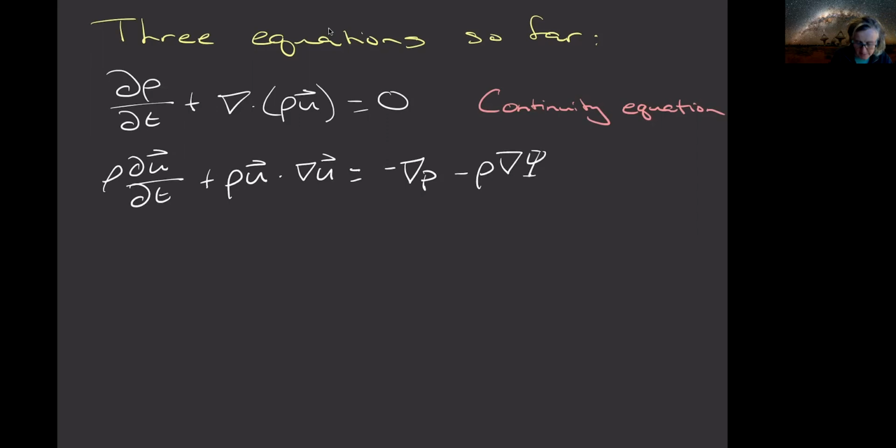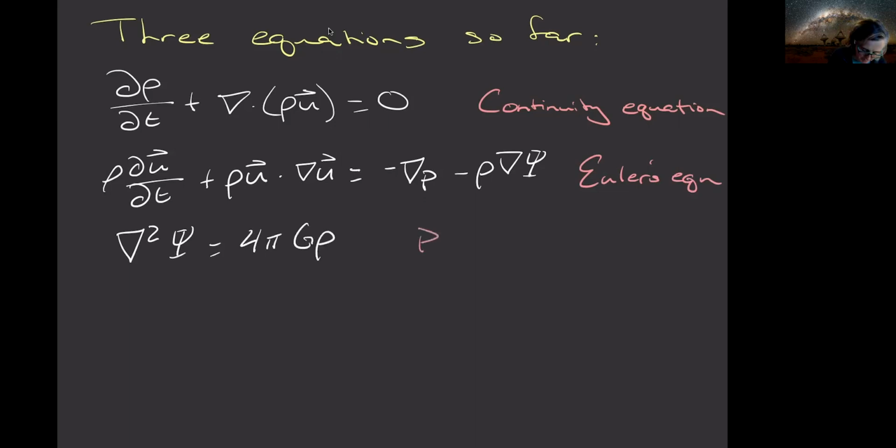That's just a slightly different rewriting of the Euler's equation that we've written out before. And we have finally the equation that we just derived, grad squared psi, which is equal to 4 pi G rho. And that's Poisson's equation.